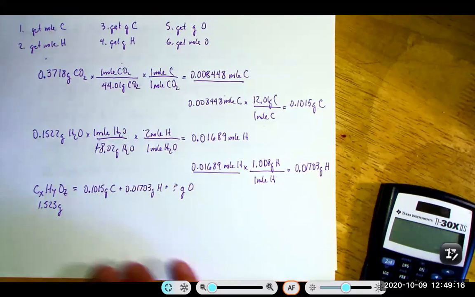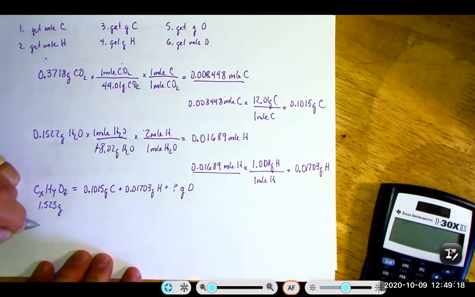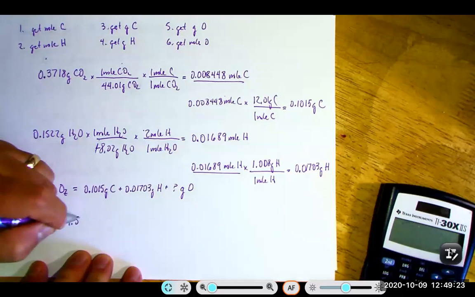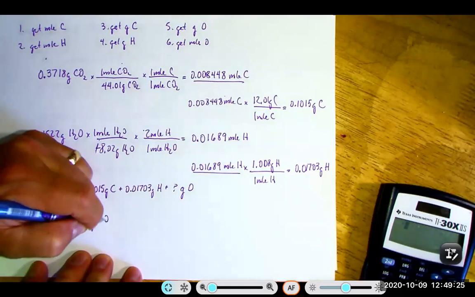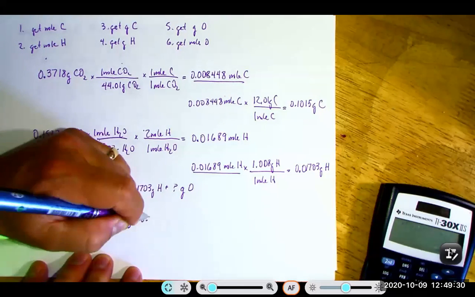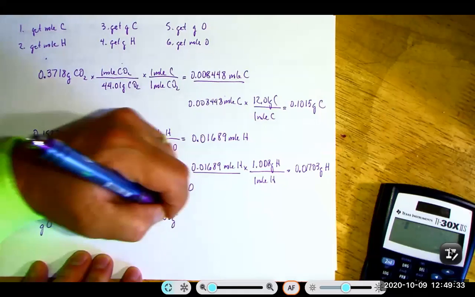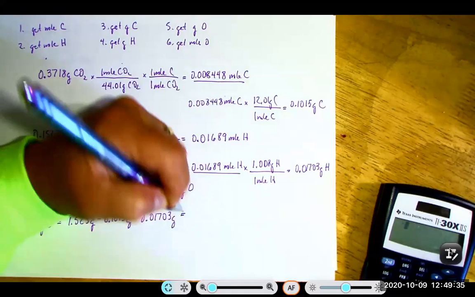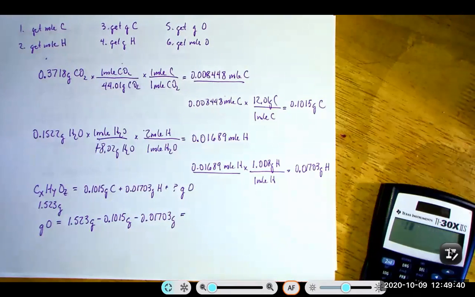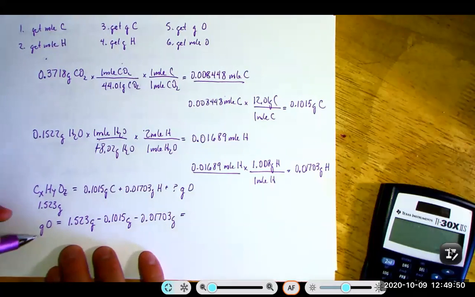And I get that the grams of oxygen is equal to 1.523 grams minus 0.1015 grams minus 0.01703 grams, which is, well, I had the answer here, but I erased it. Now, we don't really need to write this out here, but it is kind of nice having the grams of oxygen on one side and everything else on the other.